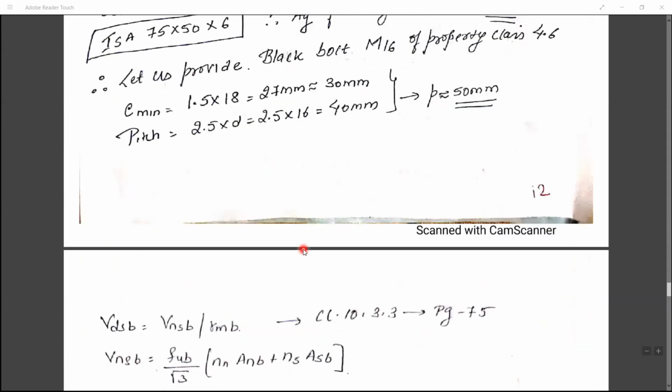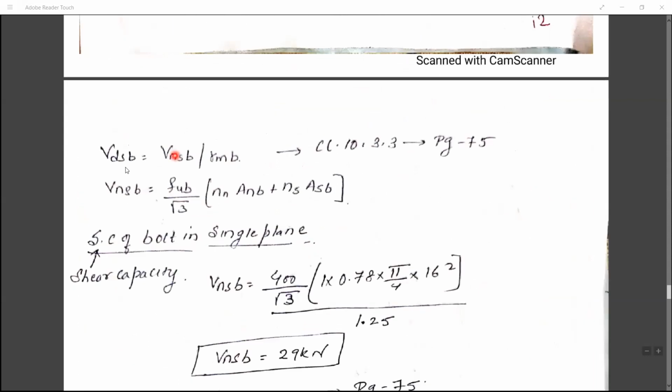Next is VDSB, the design shear strength of the bolt, which is equal to VNSB by gamma MB. From page number 75, VNSB is FUB by root 3 into (NnAnb plus NsAsb), as our bolt is failing in thread. So we assume Nn is equal to 1 and Ns is equal to 0.